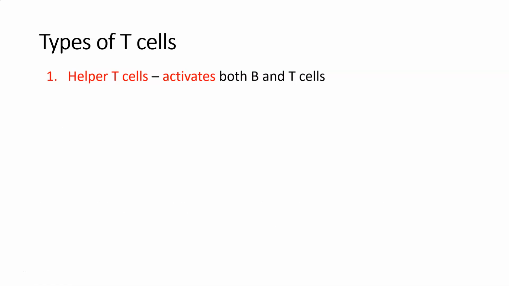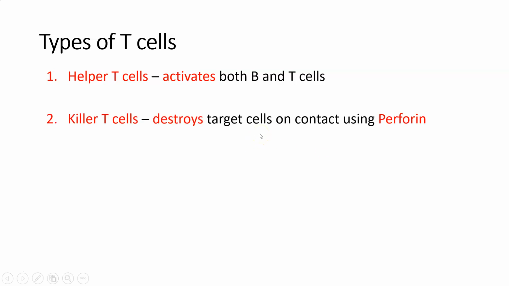These activate both B and T lymphocytes by secreting chemicals called cytokines. The next one that we haven't met before is the killer T cell or cytotoxic T cell. These are more aggressive than the antibodies produced by the B cells because they destroy target cells by secreting a chemical called perforin, which we will talk about in a moment.